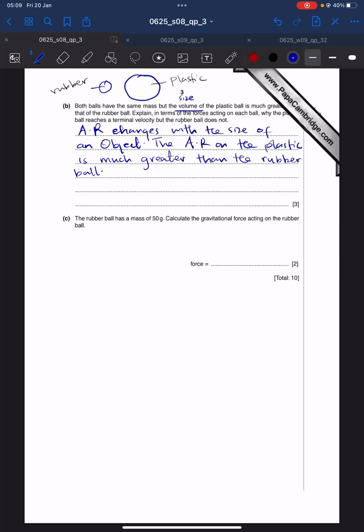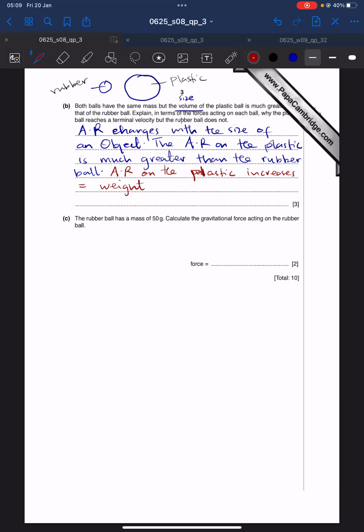Then you continue explaining the normal stuff. After you make that comparison, you continue making the normal explanation. بتقول air resistance on the plastic increases until it is equal to the weight.